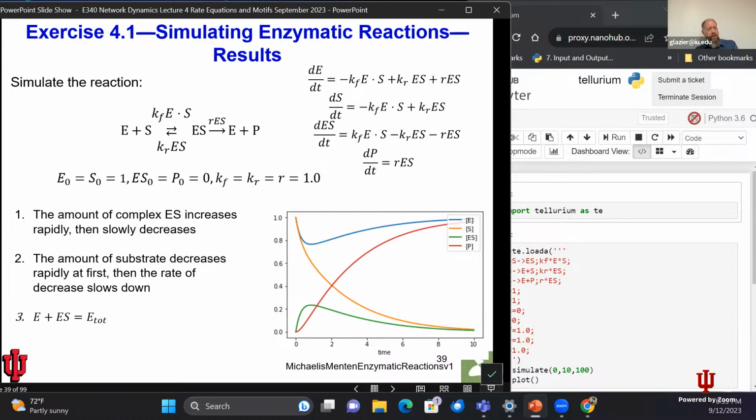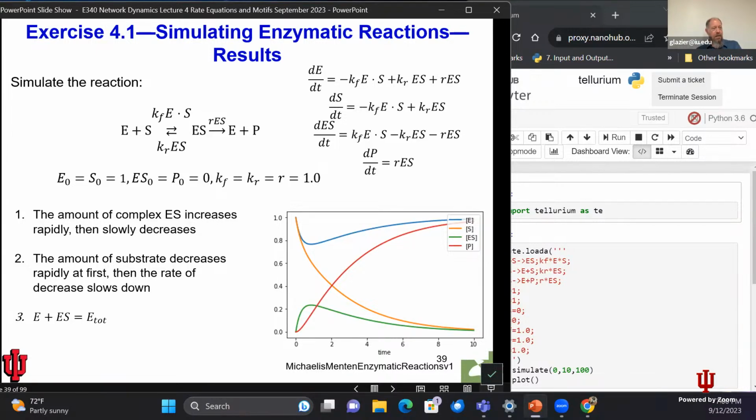The second thing to notice is the amount of complex, ES. It peaks quite early on and then begins to go down with time. That's the green line here. And you'll notice that E plus ES is a constant. So the amount of free enzyme goes down just as the amount of complex goes up, because the sum of those two is constant.